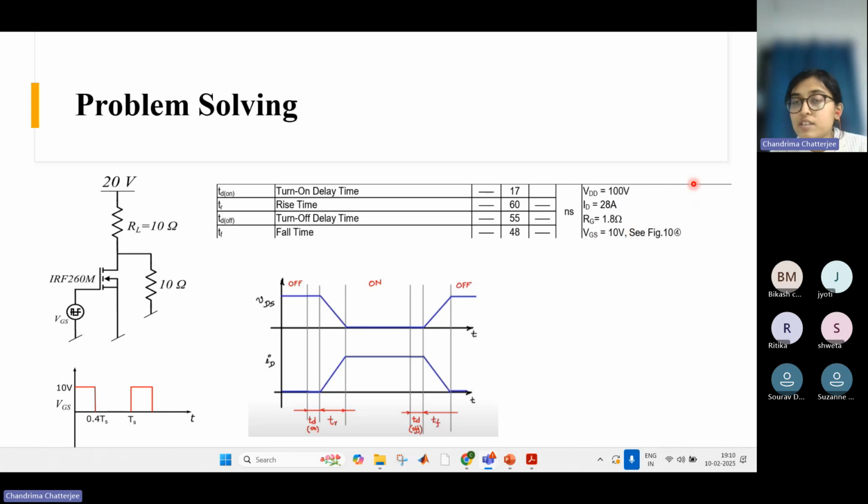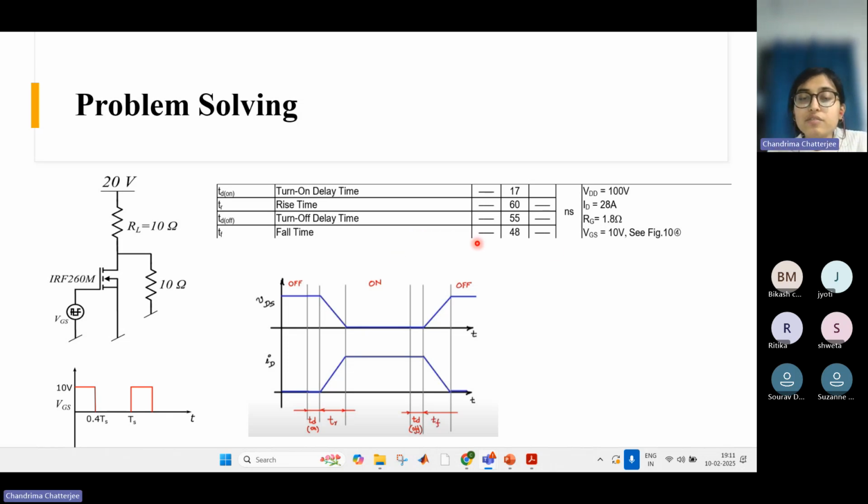So at these particular operating points, the rise time and fall time are provided. But you will have to remember, as these operating points change, these times will vary. They are functions of these parameters. As long as they are constant, we can take the values. But if one of these parameters is different, then the rise time and fall time will also be different. Okay.